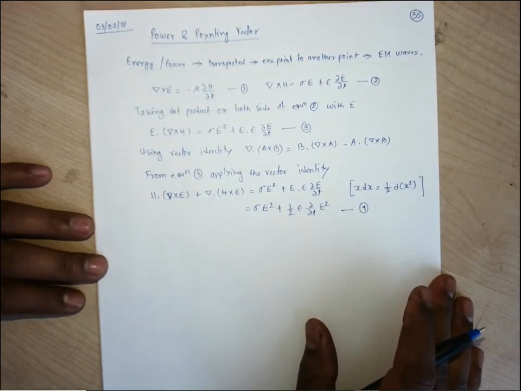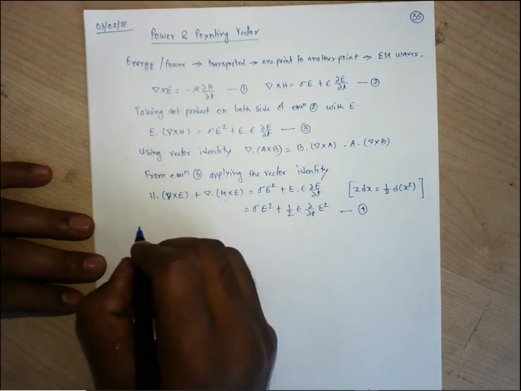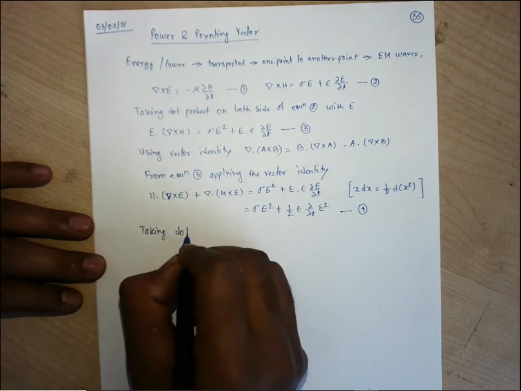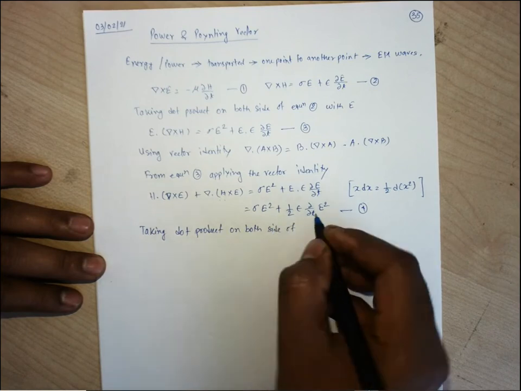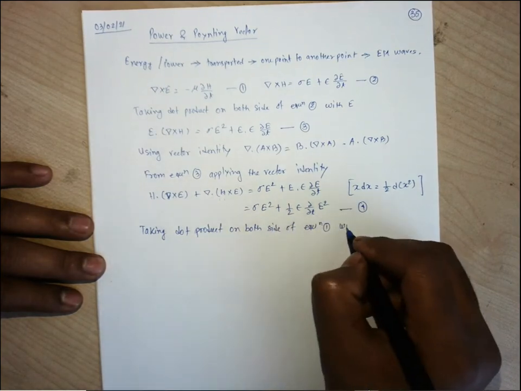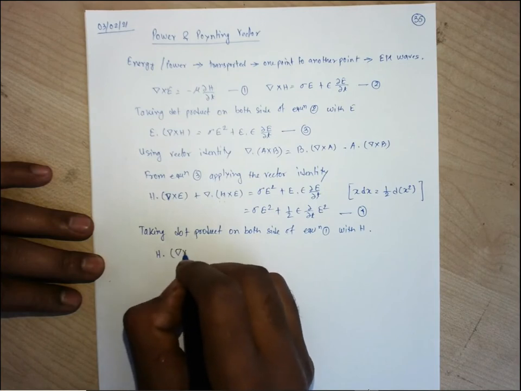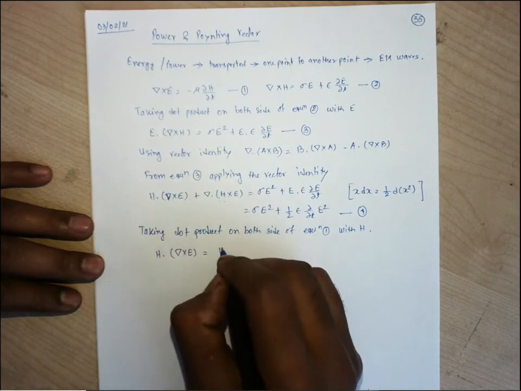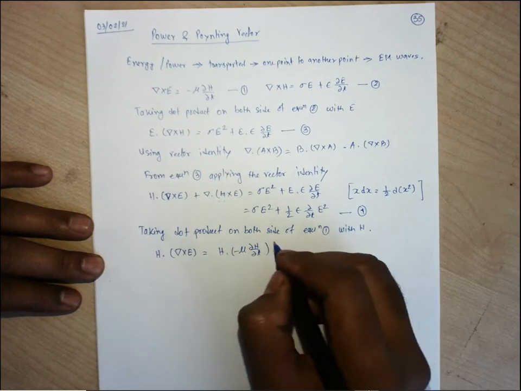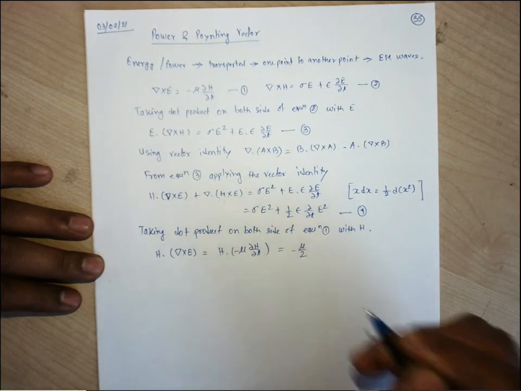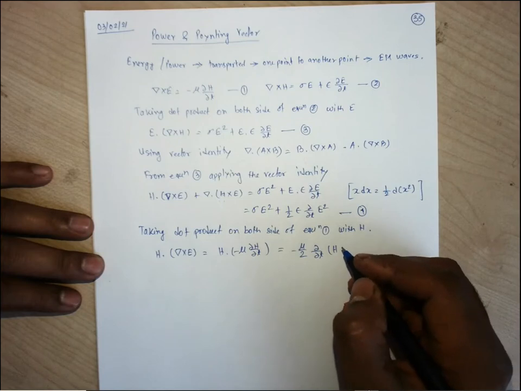Now again from equation number 1, if we take the dot product on both sides of equation 1 with H, it will be H dot del cross E equals H dot minus mu del H by del t, which is equal to minus mu by 2 del t of H square.